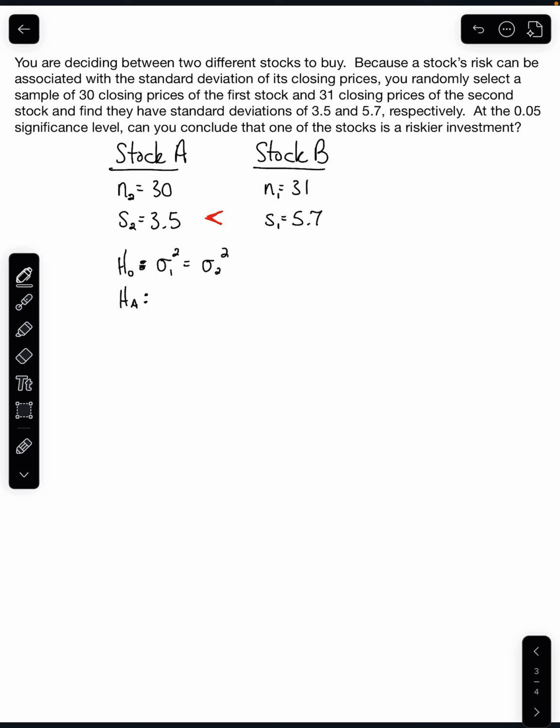In this case, it's not a matter of picking one of them to have a reduced variance or a reduced standard deviation. We're simply comparing the two to see which one has lower than the other. So we don't want a statement that's going to say this one is lower or that one is lower. We simply want one that says that they are not the same.